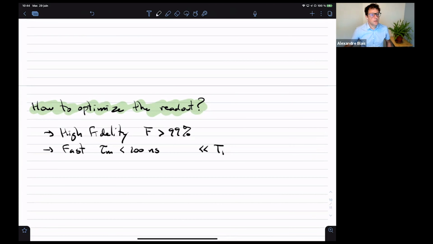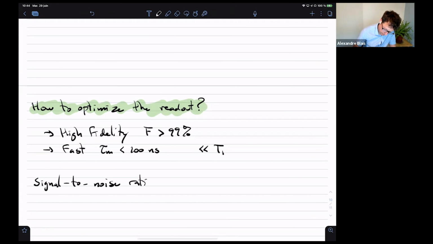Okay, so the important quantity to define is known as the signal to noise ratio. And I've already talked about that when I drew these marginals, these Gaussians, and I said that there's a separation, that's a signal, and then there's a noise, that's the width of the Gaussian.